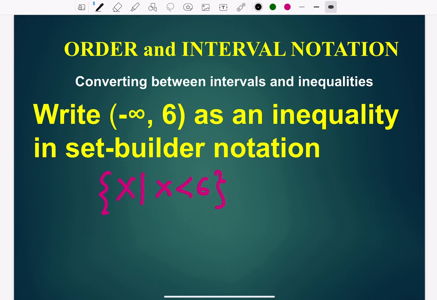To graph this inequality, we would find the 6 and use an open parenthesis here. All the values to the left of 6 are going to be allowed values. That's all for interval notation, set builder form, and graphing inequalities.